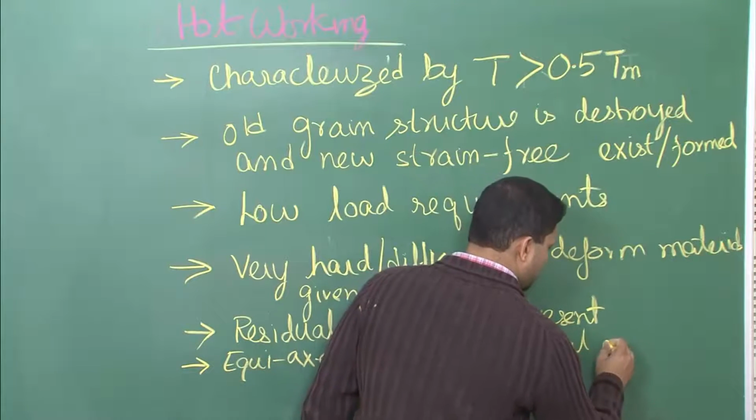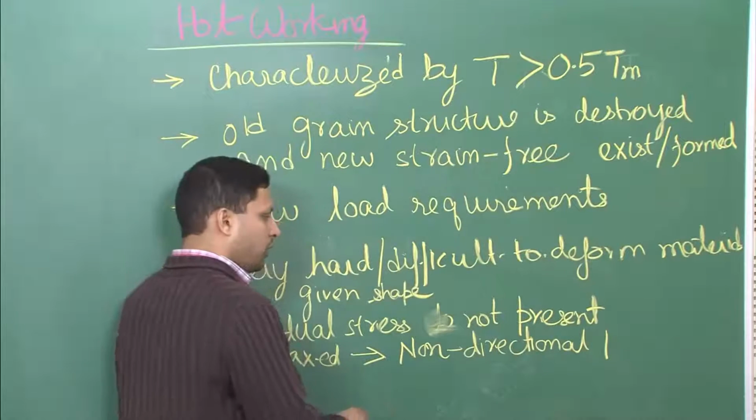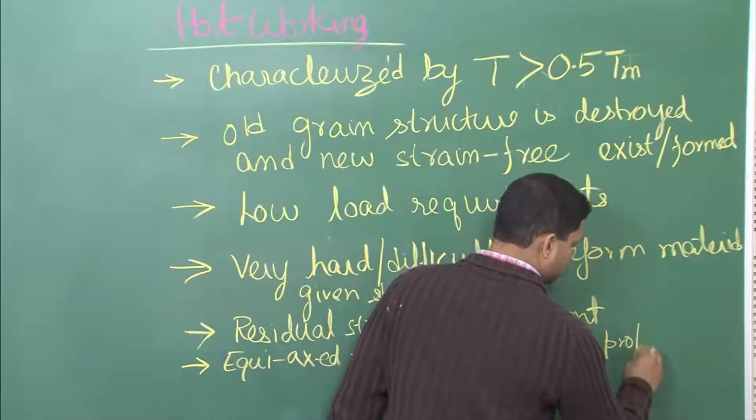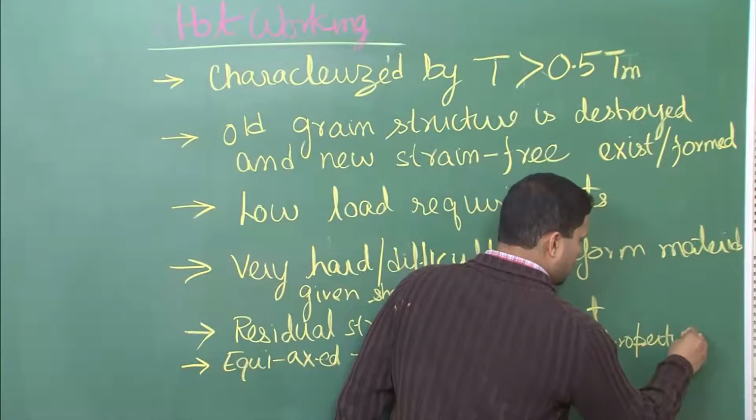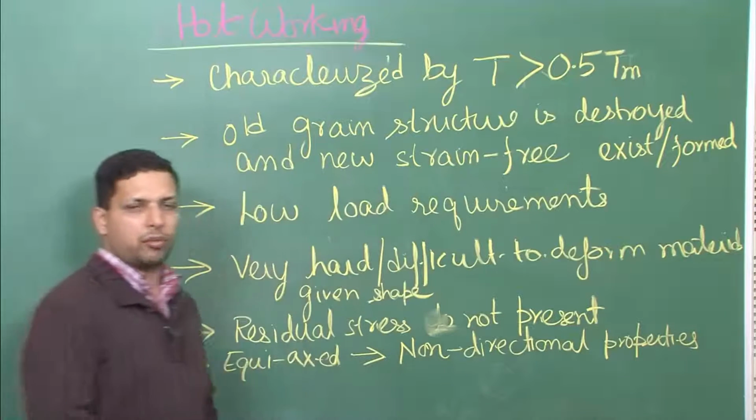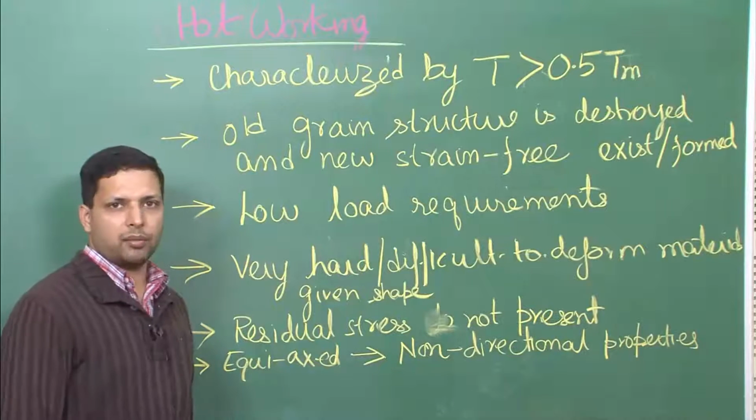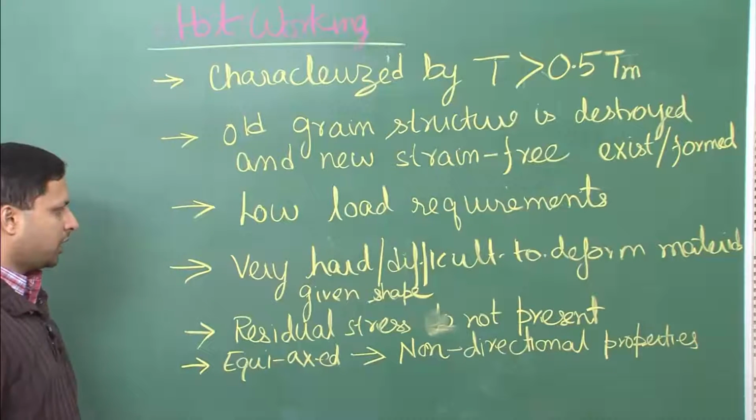So, in most cases this is an advantage that you have non-directional properties. In some cases you may want to have directional properties, and we will look at some examples as and when we get to those things.